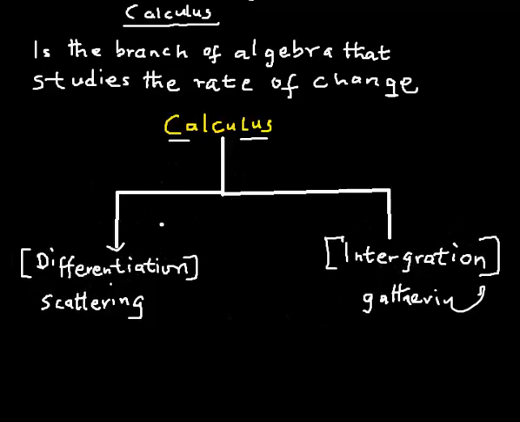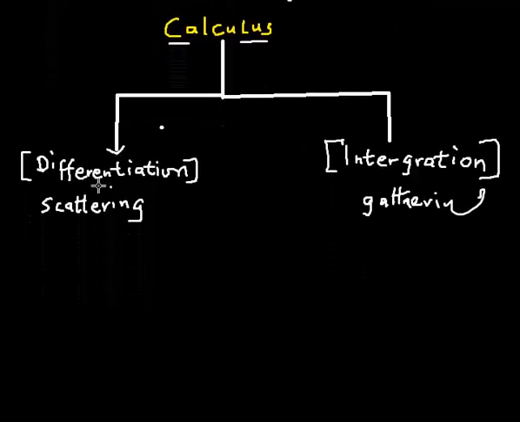Now I'm going to illustrate what we basically do in differentiation and in integration. In simple terms, in differentiation we scatter a very large amount of change into smaller units of change, basically for study.